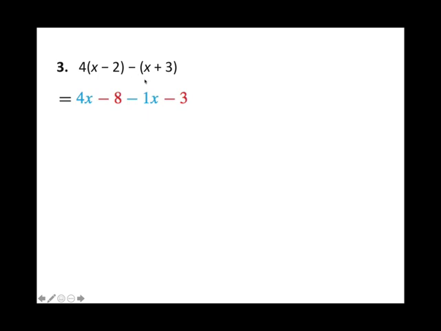Negative 1 times x, you're going to get negative 1x. Negative 1 times positive 3, so you're going to get negative 3. Now we arrange it, put the like terms together, and then I'm going to combine it. 4 minus 1, you're going to get 3x. Negative x minus 3, you're going to get negative 11.